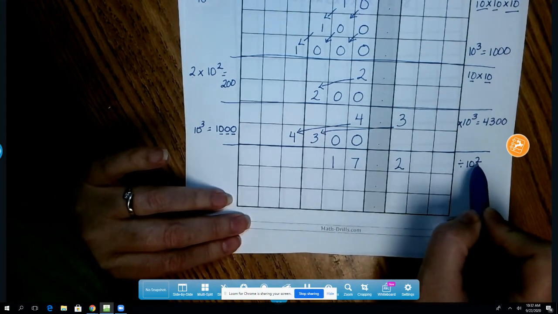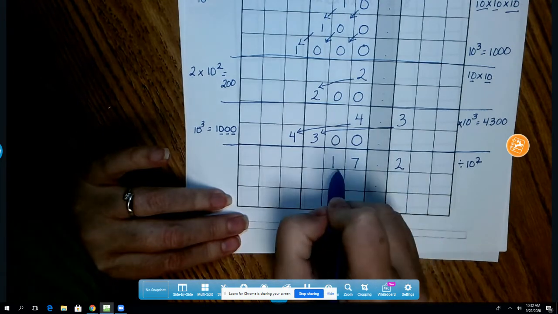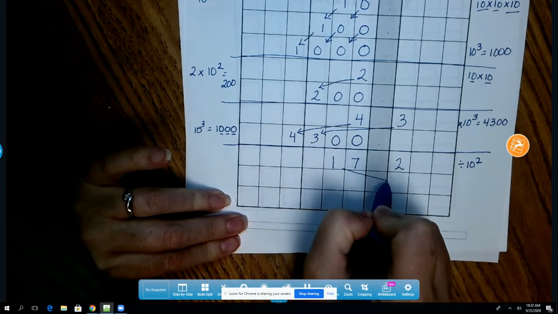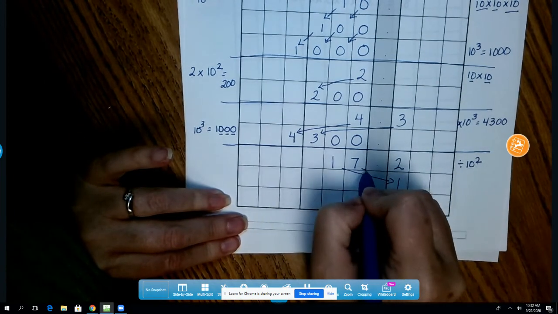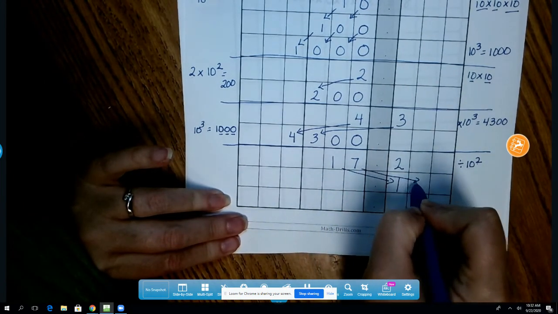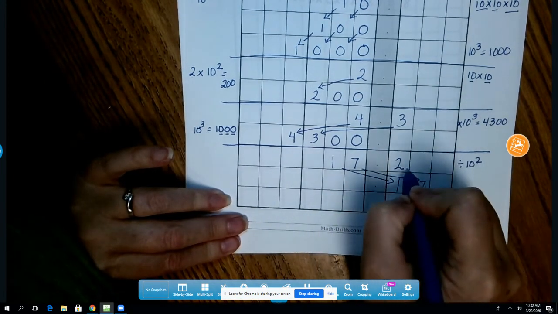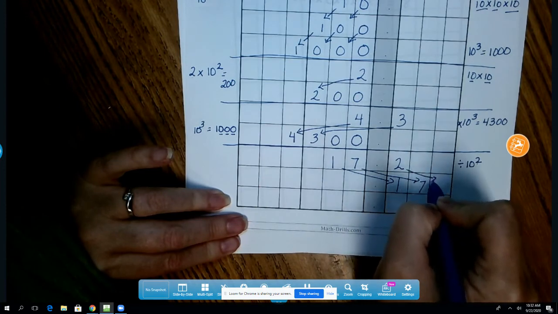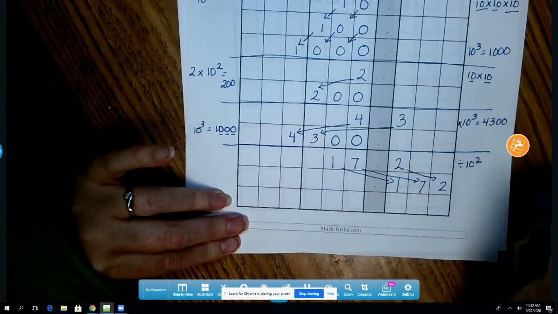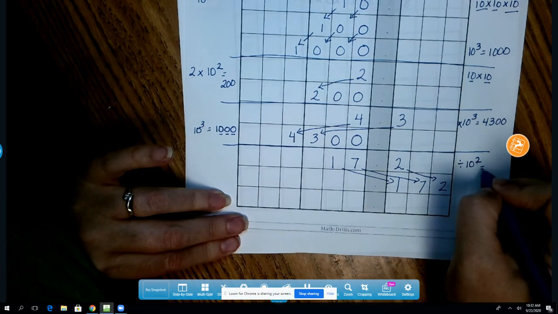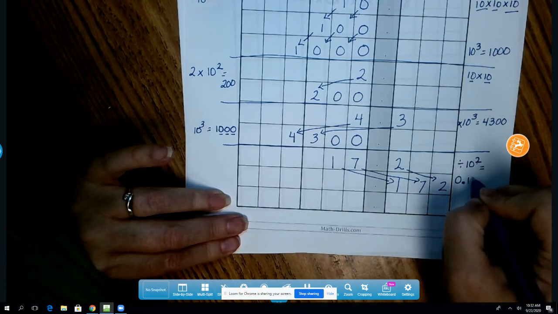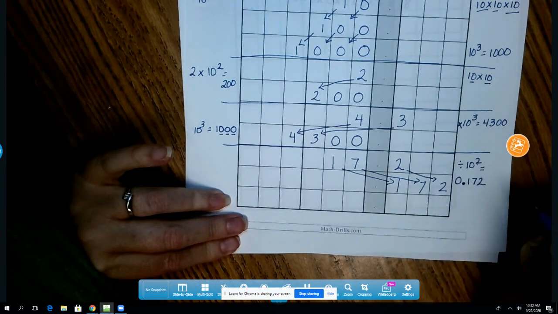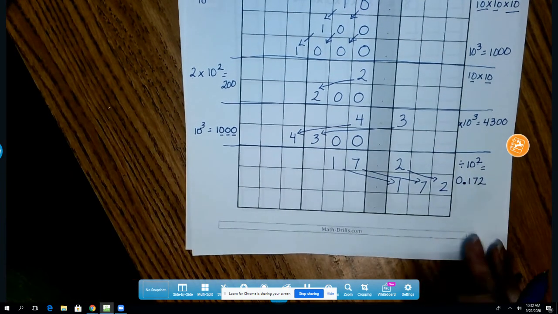And I need to move it 2 times, or 2 spaces. And so my answer would be 172 thousandths. I hope this helps.